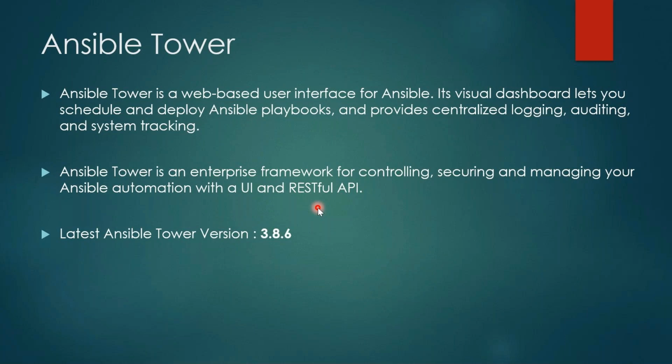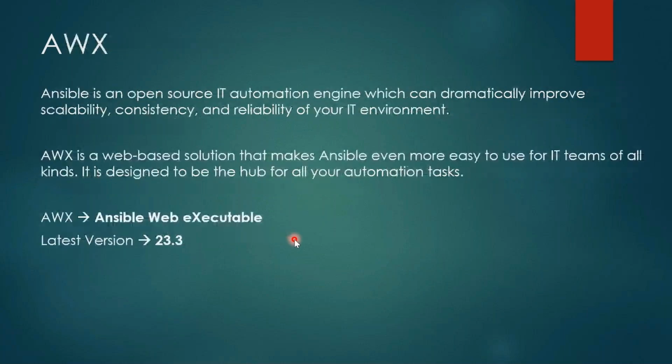So the latest version is 3.8.6. AWX is an open source, web-based tool. Why it is given as open source means, instead of managing your playbook, to give some sort of usage level and productive level things for better understanding in Ansible automation.